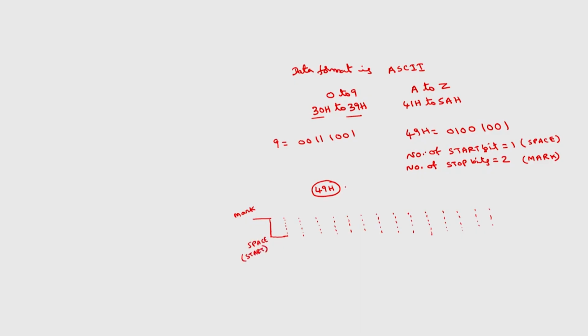Then 49H is equivalent to 0 1 0 0 1 0 0 1. So, the first bit is also 0. So, we can transmit 0, this is the first bit 0, from here to here ASCII 49.